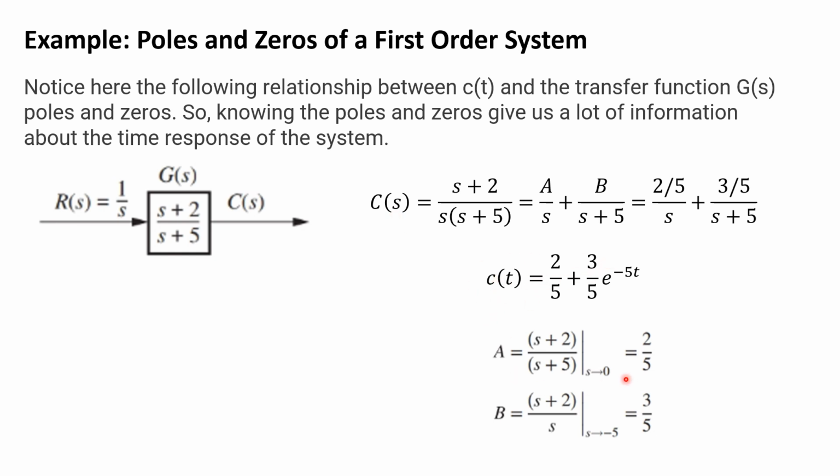But notice here, if you let s go to 0 in G(s), what do you get? Well, you get 2/5, which is exactly the value here for A. And if you let s go to minus 5, what do you get? Well, you get (s plus 2) over s, which turns out to be 3/5, which is exactly the B value.